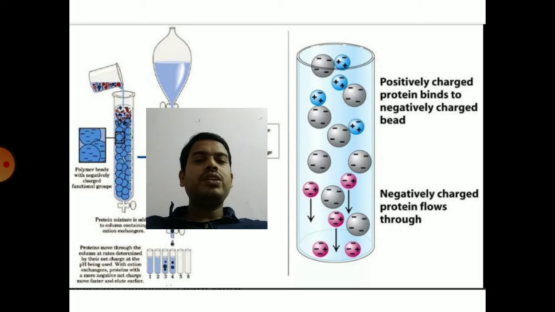So the other proteins, which have the same charge as the exchanger, will be eluted first, and oppositely charged proteins will bind to the exchanger. You will elute the required protein or solute by altering the pH of the buffer or altering the concentration of the buffer. That means increasing the salt concentration of the buffer.